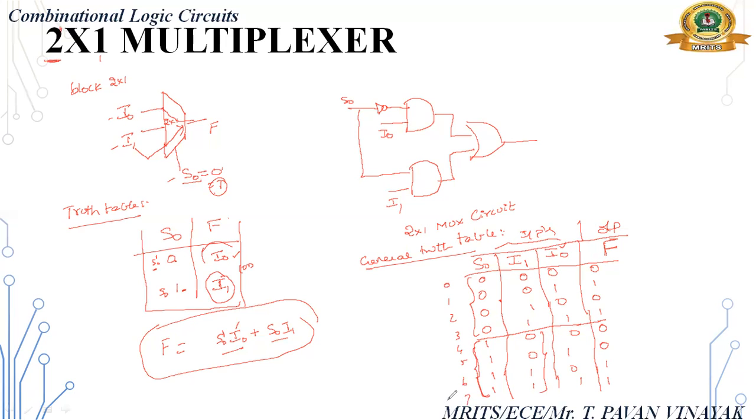0 to 7. Now sigma f. F is equal to sigma function. Ones available at 1 comma 3 comma 6 comma 7. 1 comma 3 comma 6 comma 7. Right? Now write the Boolean K map.